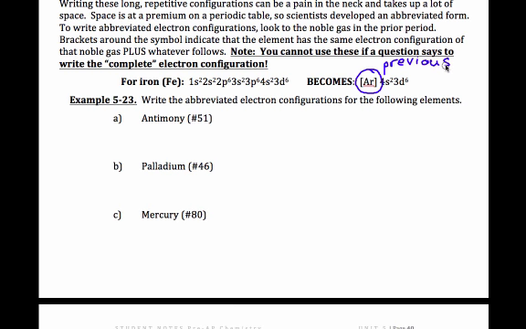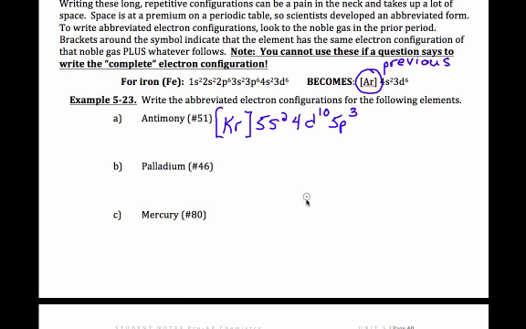So instead of walking through the whole periodic table, it's like a friend gave you a list part way. If we do antimony, antimony's 51. The noble gas that's before that is krypton. So we're saying it's the electron configuration of krypton, and then we're going to pick up the trip at 5s2. Then we go into the D block, it's 4d10, and then 5p3.